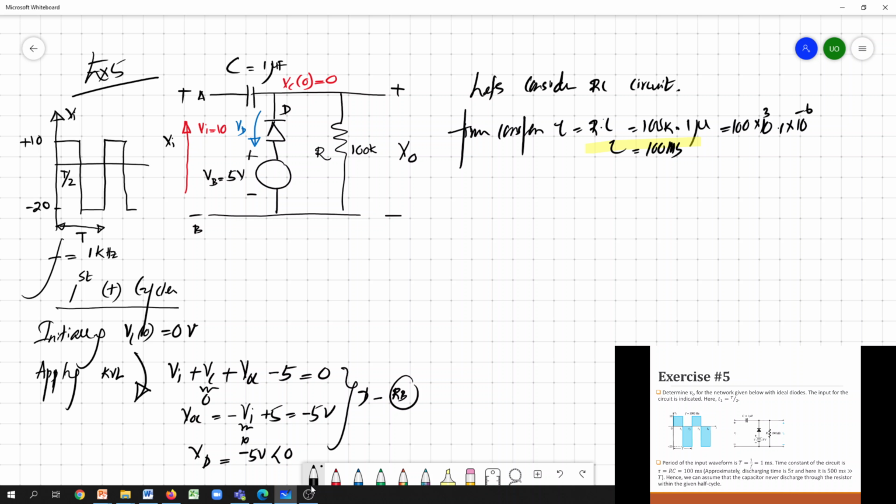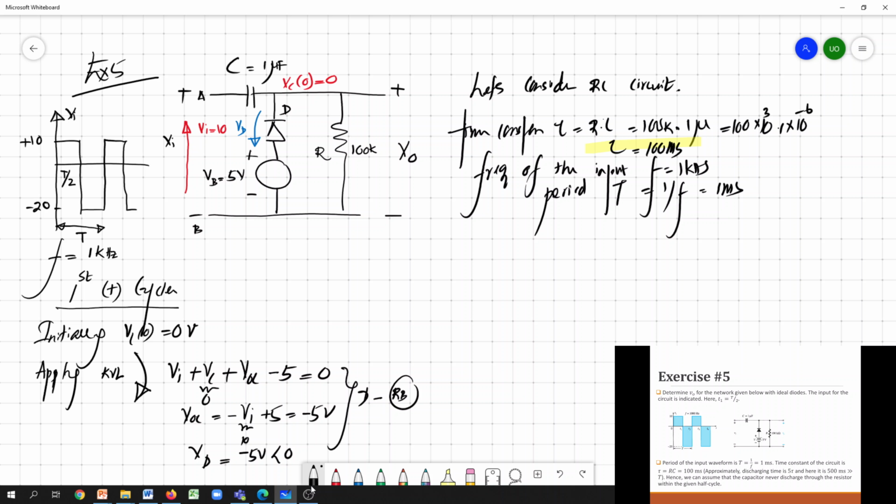What about the frequency of the input waveform? f equals 1 kilohertz. What about the period? T is 1 over f, which is 1 millisecond.